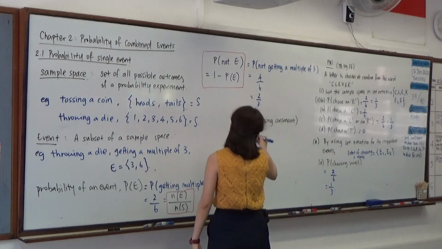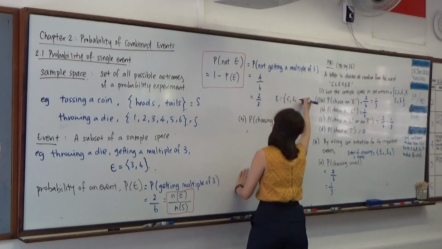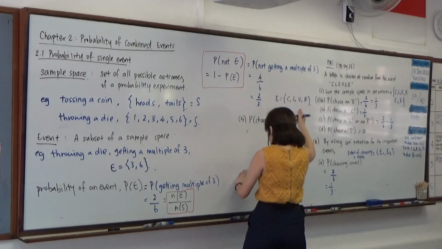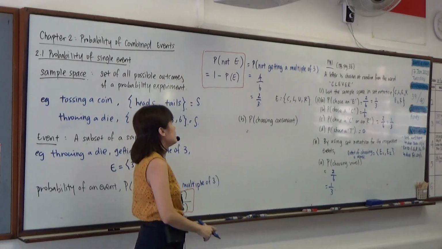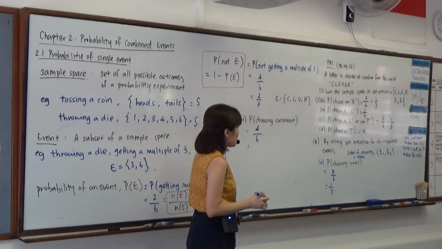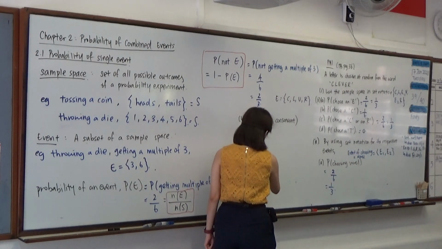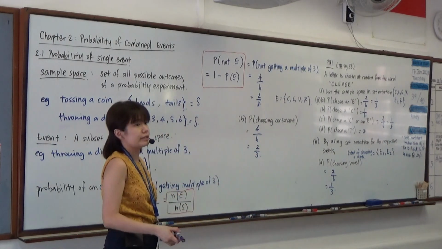So that is actually one way to solve. So the event itself will be the subset C, L, B, R. Okay, and then we find that there are 4 out of 6, as a probability, which is 2/3. So this is one way that you can do by literally counting.